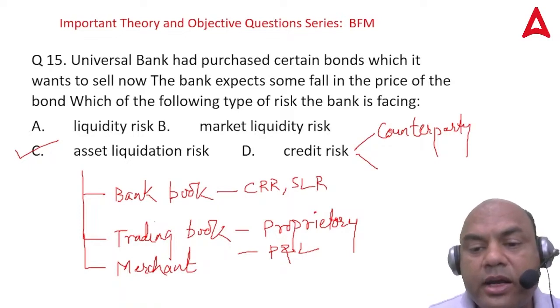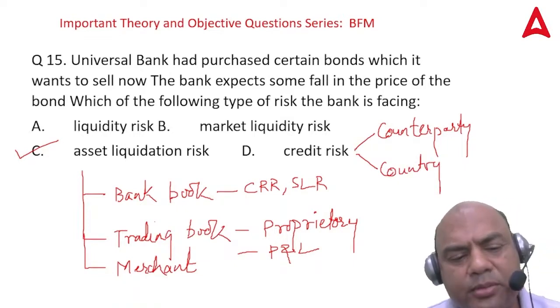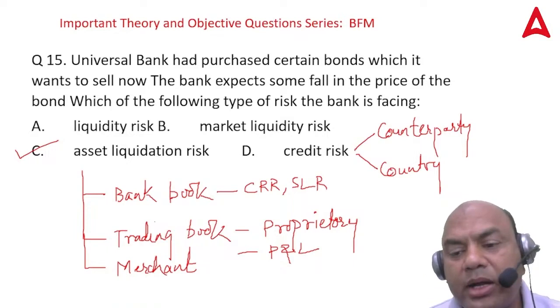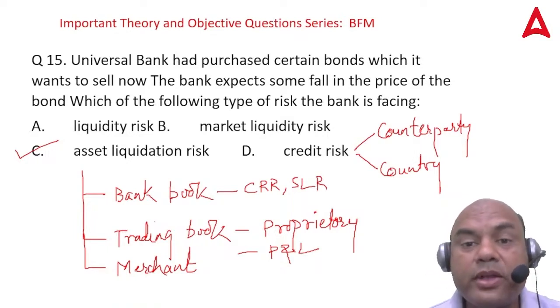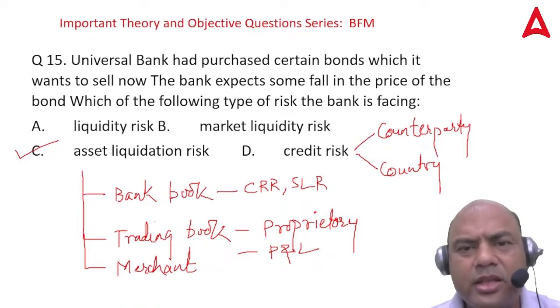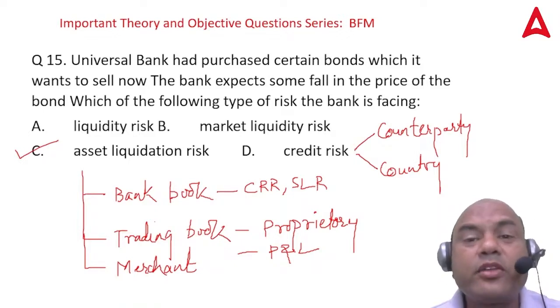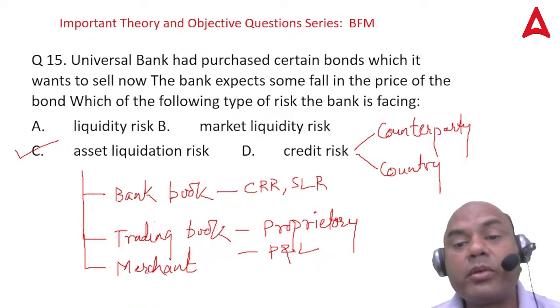Counterparty means, suppose you have sold some material to somebody, so that party might not be able to pay you because the party itself is bad. The party is a fraud. So that is a counterparty risk. But what about country risk?